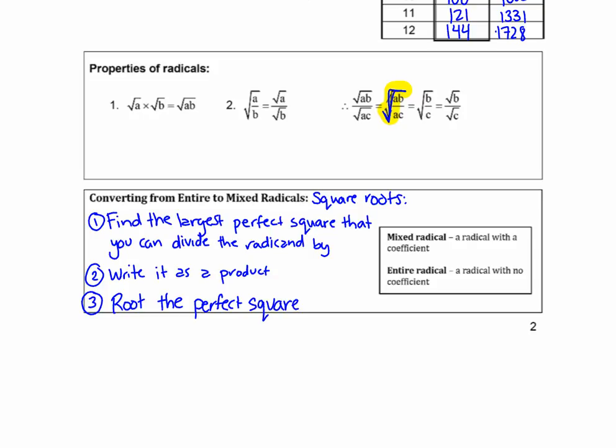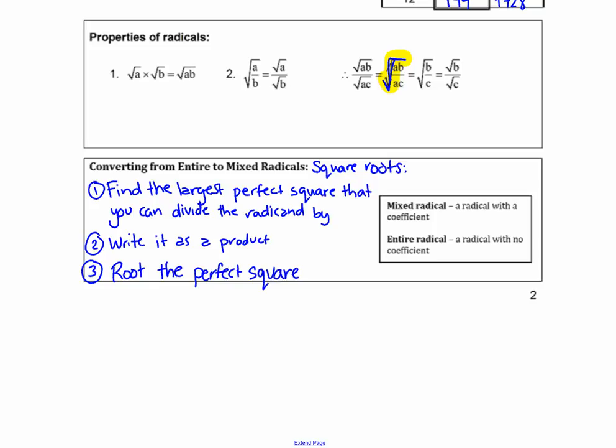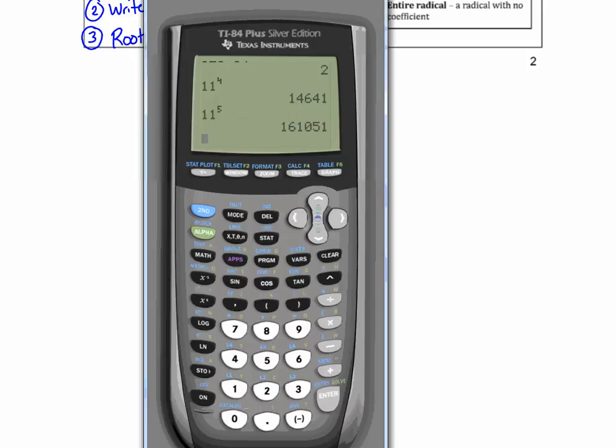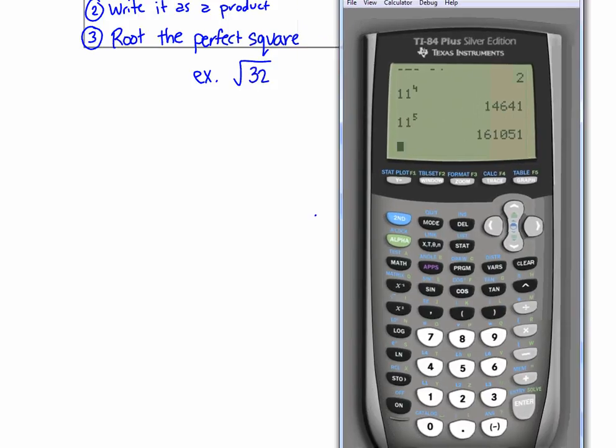So for example, let's do this right below. If we had square root of 32, now you could make a factor tree, or we can use that chart that we have and find the largest perfect square that will go into 32. So usually we work our way backwards.